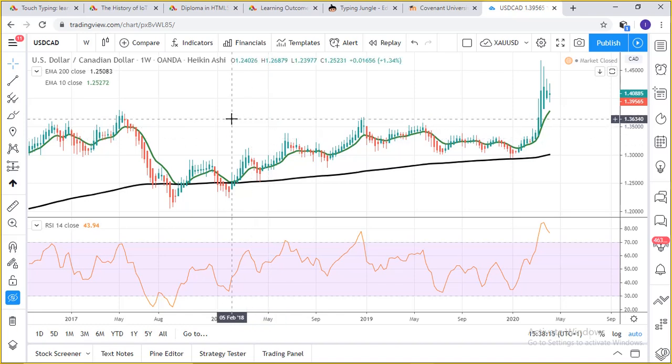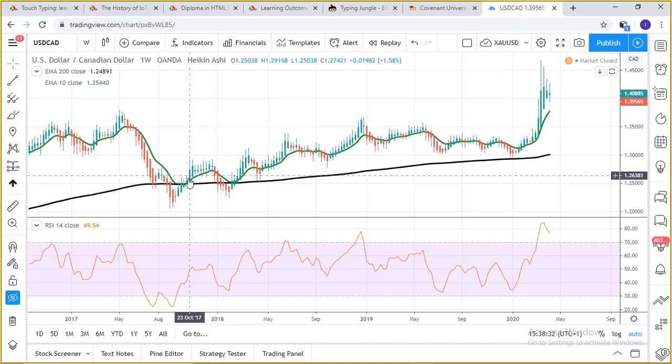Another way you can know who is dominating the market is, number one, the length of the candles and the number of the candles. How many green against the red will tell you who is dominating. For instance, if you count 1, 2, you have more green than the red.